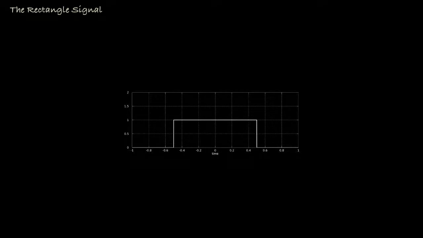The rectangle function is a simple but important signal with significant applications throughout the field of signal processing. It's a simple signal to sketch or plot, and it's a simple signal to define mathematically. We define the rectangle function like this.